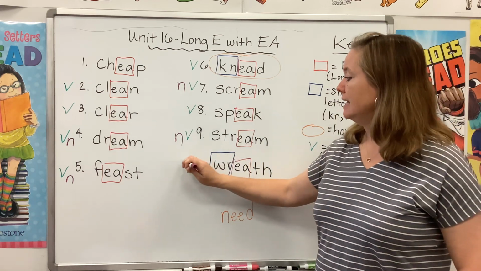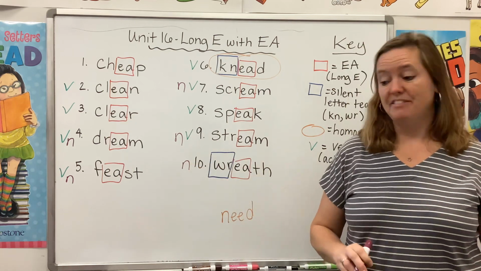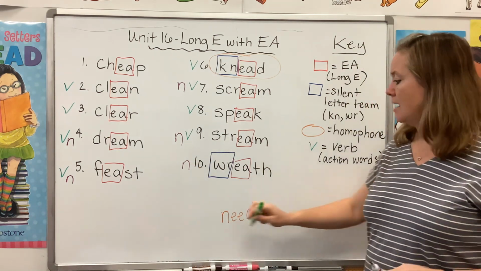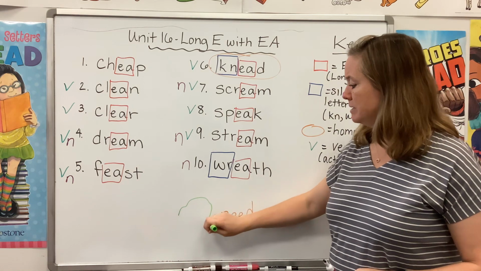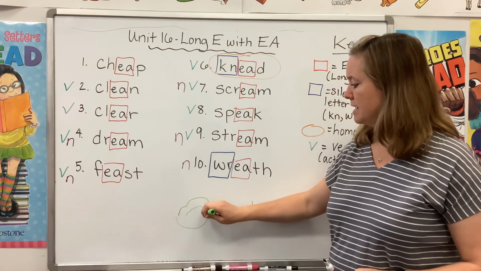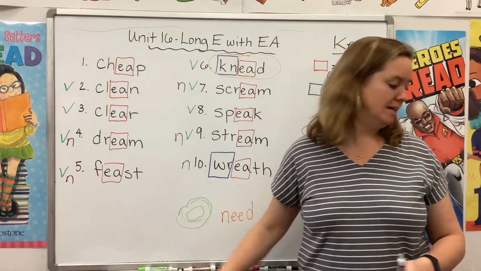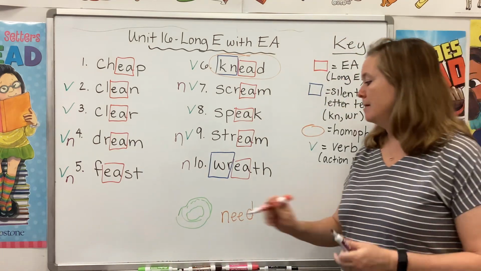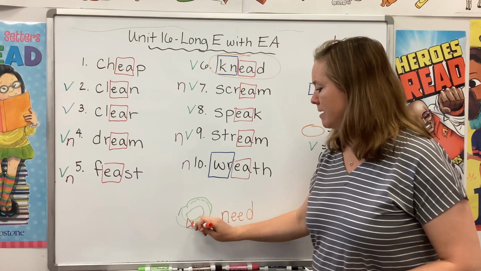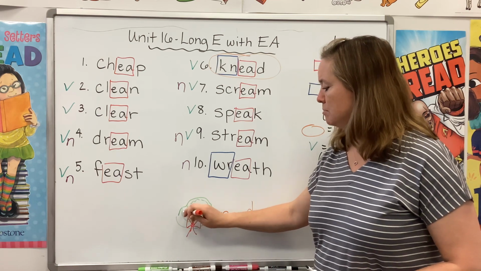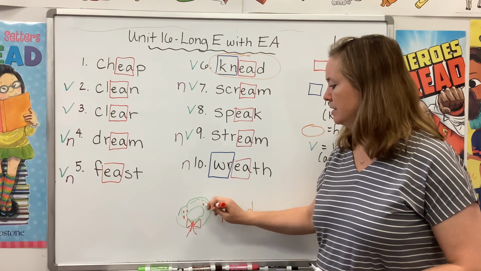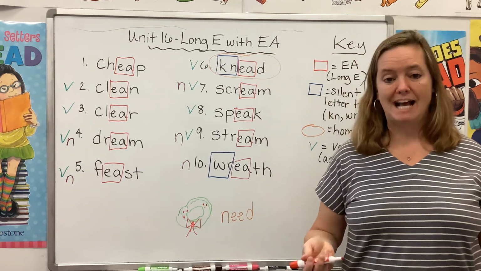And then a wreath, well, there are lots of different kinds of wreaths. One of the most common ones would be a Christmas wreath, right? Where you take all the greenery, like pine needles maybe, and then maybe you put a big bow on the bottom. Maybe you put some holly berries. So that's one kind of wreath, right?